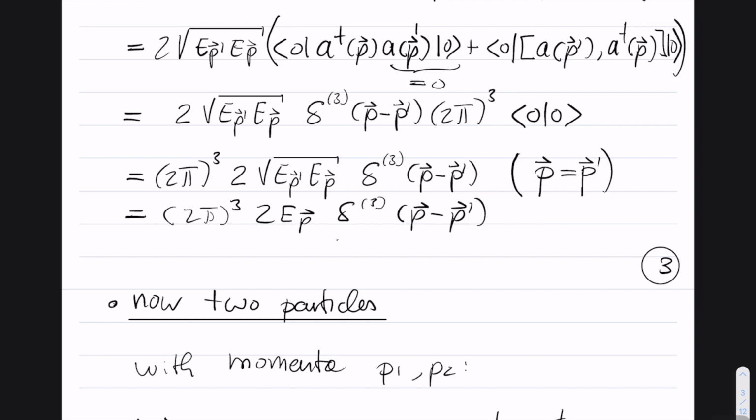So in the end of the day, with these prefactors, we have this delta function in three-dimensional space that will force p to be p prime, the momenta. And that lets us rewrite this square root factor as just 2 times E_p times this delta function, because here p had to be set to p prime.